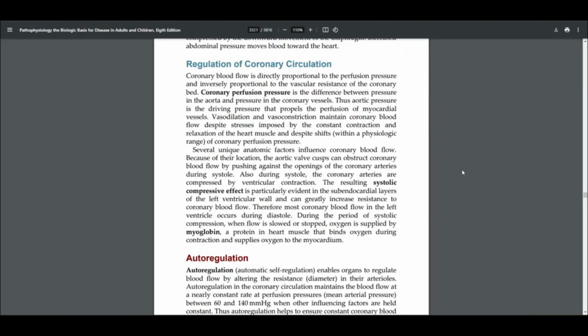Thus, aortic pressure is the driving pressure that propels the perfusion of myocardial vessels. Vasodilation and vasoconstriction maintain coronary blood flow despite stresses imposed by the constant contraction and relaxation of the heart muscle, and despite shifts within a physiologic range of coronary perfusion pressure.